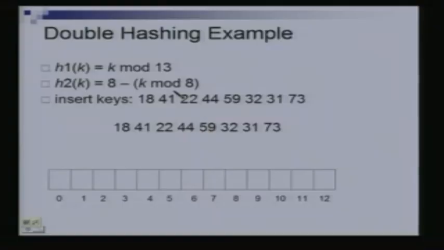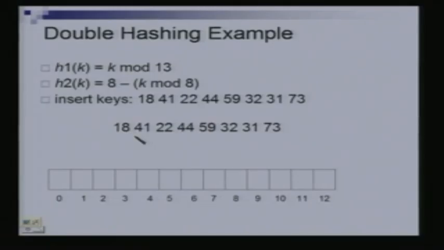It cannot be 0, because k mod 8 lies between 0 and 7, so h2 of k is between 1 and 8. 0 does not make any sense. If h2 of k is 0 for some k, then you keep looking at the same place, and if that place were occupied, you cannot insert the element at all.